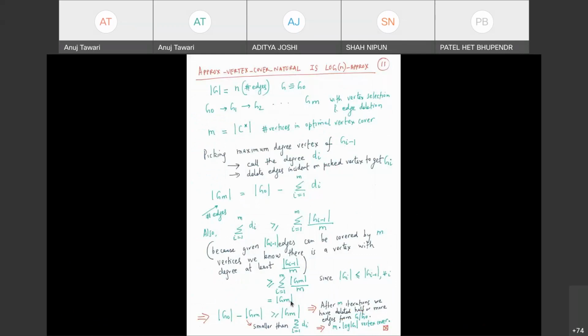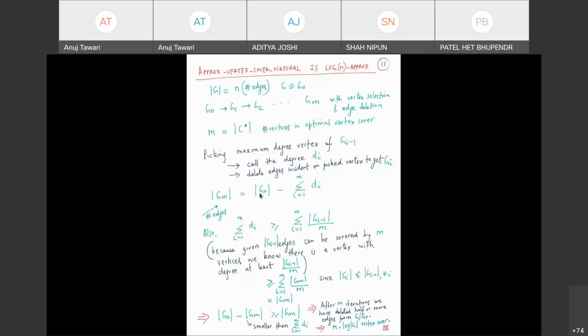Now we substitute this fact into this equation. So we get that G_0 minus G_m, because we lower bounded this, is greater than or equal to G_m, right? Because we know that summation d_i is greater than or equal to G_m.